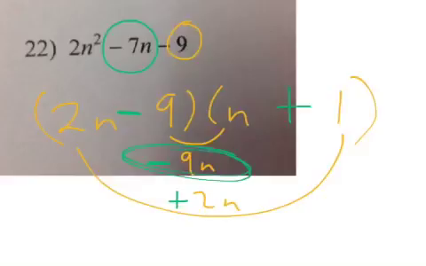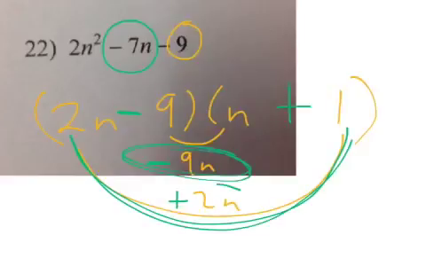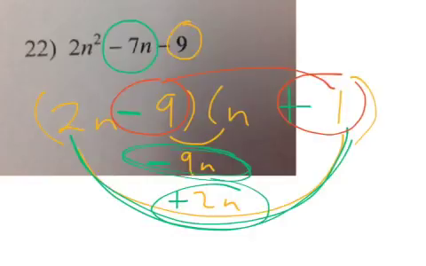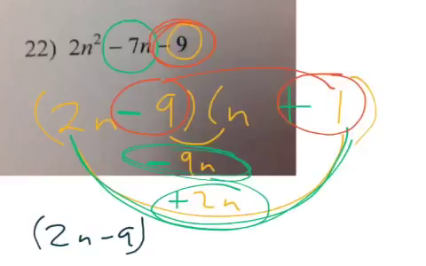And I'm going to put a plus there because plus 1 times the 2 there will give me that plus 2n. And finally, notice negative 9 times positive 1, of course, is negative 9. So when all is said and done, guys, 2n minus 9 times n plus 1 is the factored form of this problem.